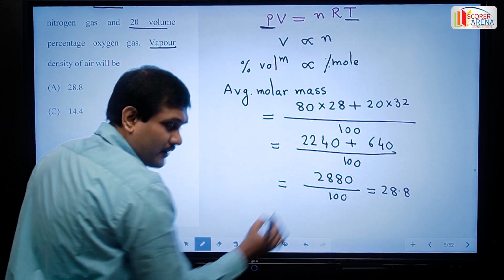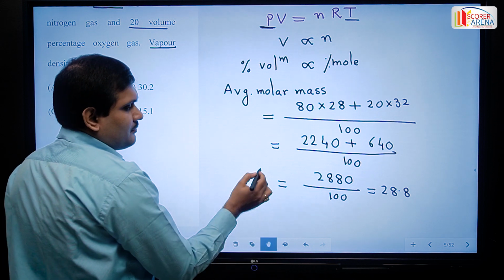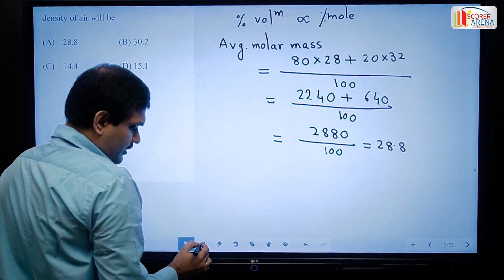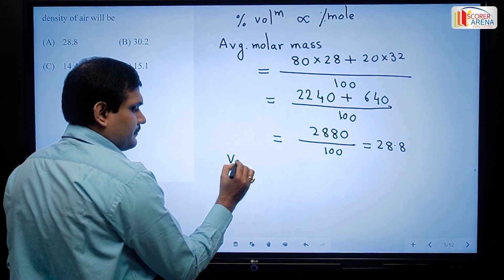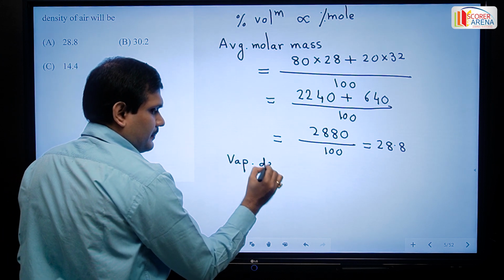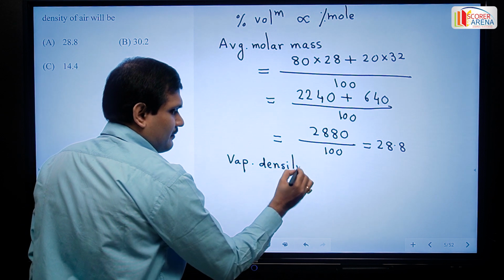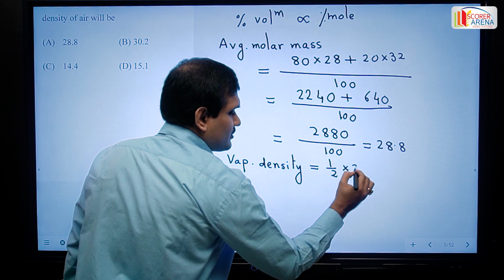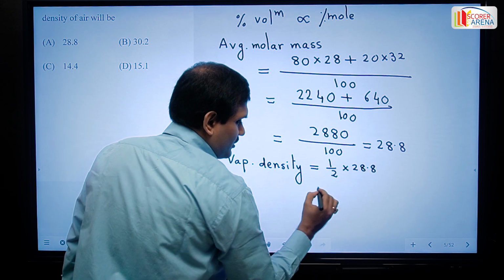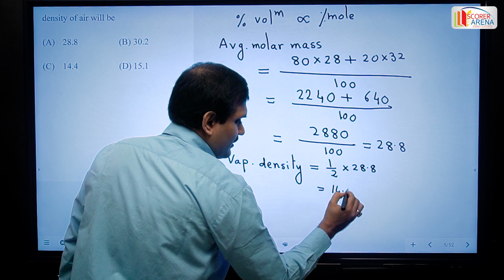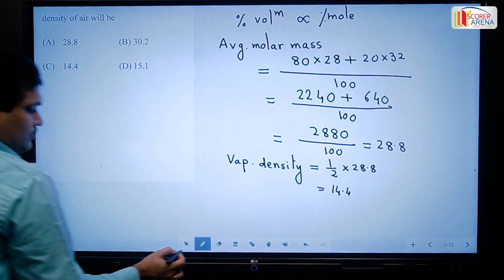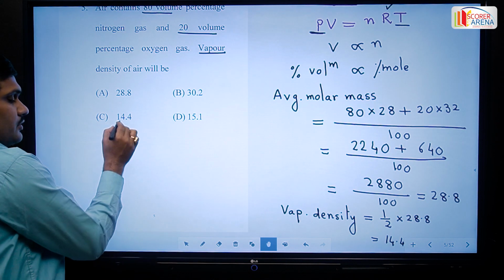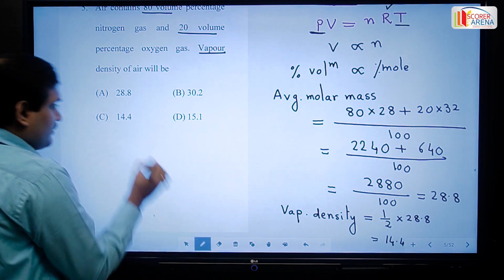The molar mass we found, therefore definitely the vapor density of air is half into molar mass, 28.8 by 2, so it is 14.4. So our option, definitely we have this option, it is 14.4, option C.